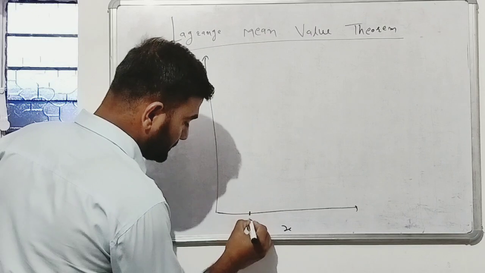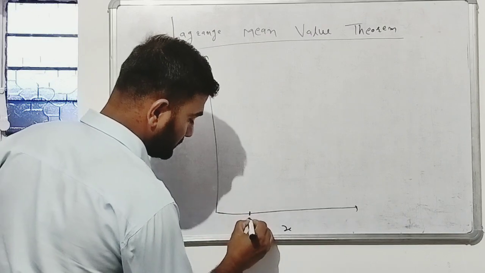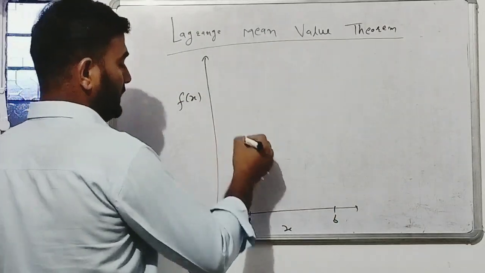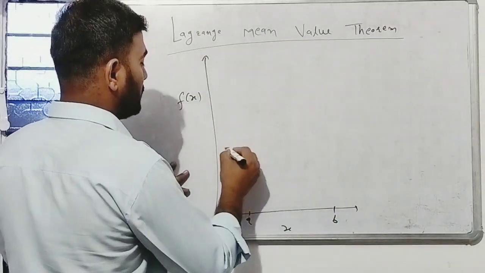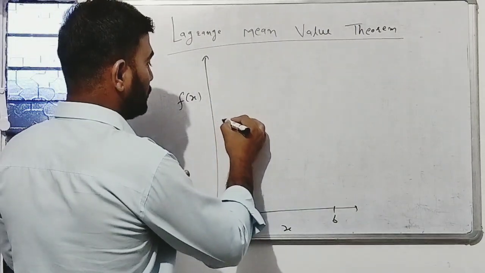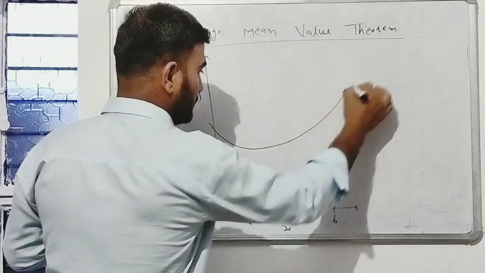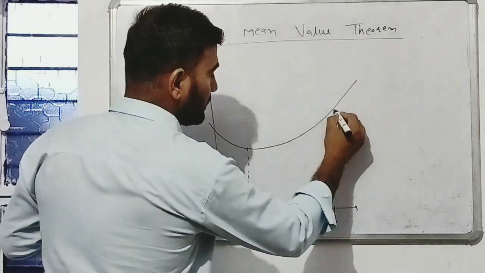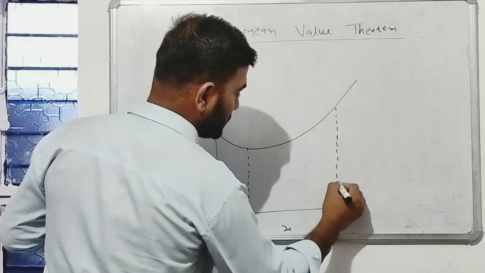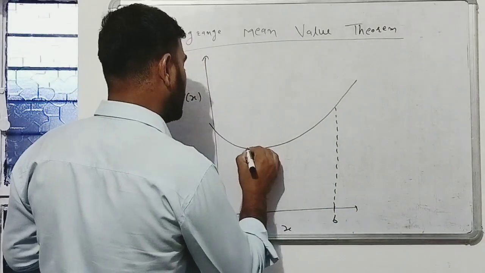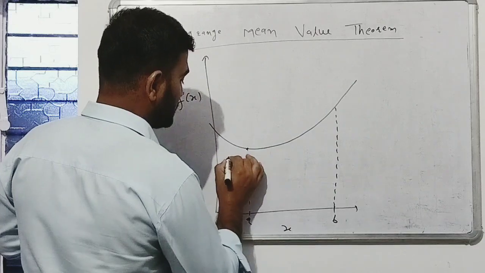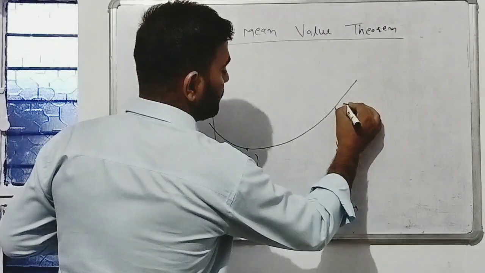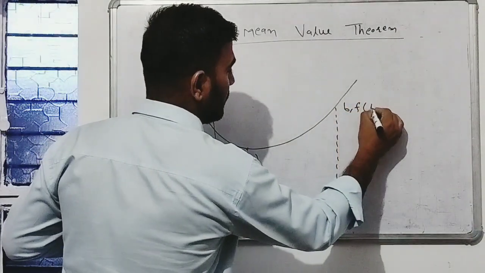This is the point x is equal to a, and this is x is equal to b, and the function is continuous in the closed interval a to b. Now this point will be (a, f(a)) and this point will be (b, f(b)).